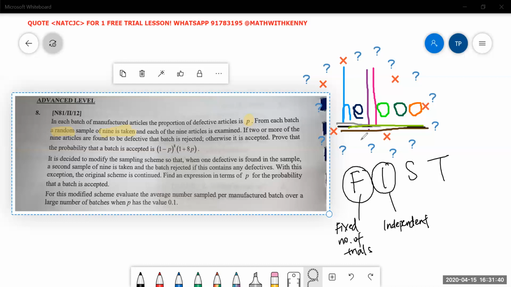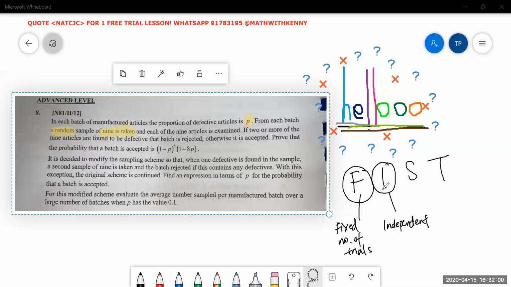It's only the word FIST, not the meaning of it. You wrote FIST. I expected you to know, but okay, never mind.